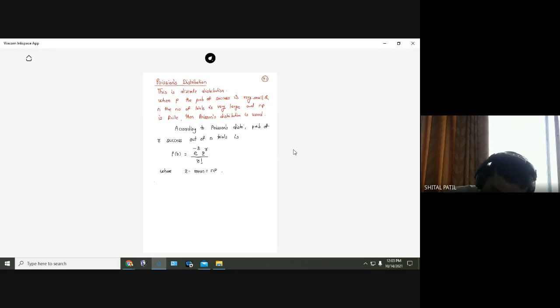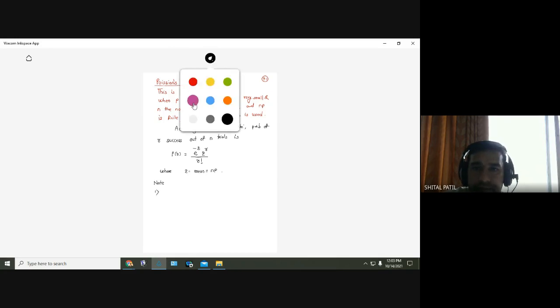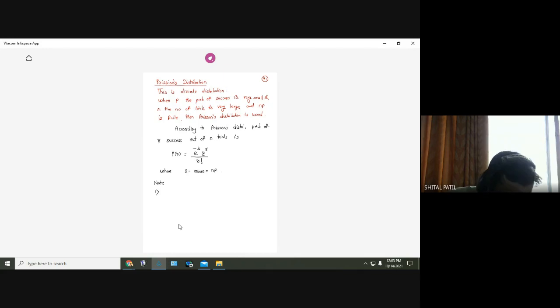Then a note. One, the mean of Poisson's distribution. Mean is denoted by E of x, the expected value of x, denoted by x bar, denoted by mu.